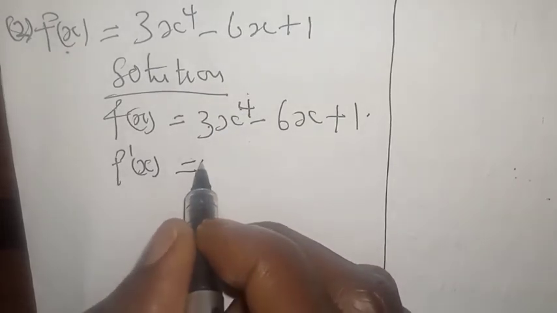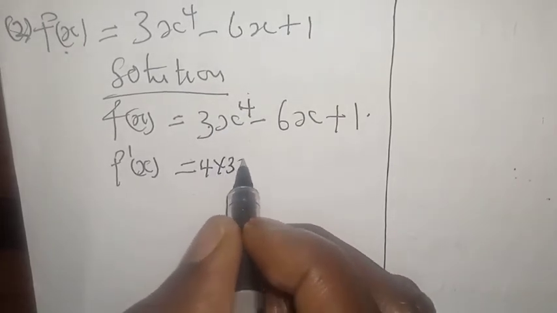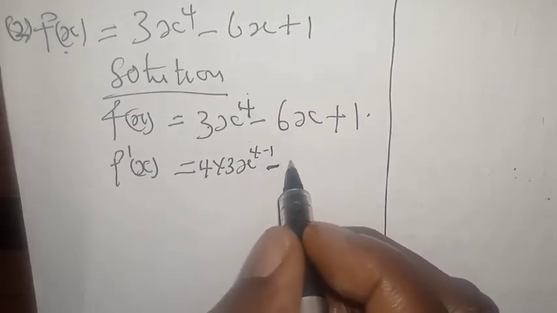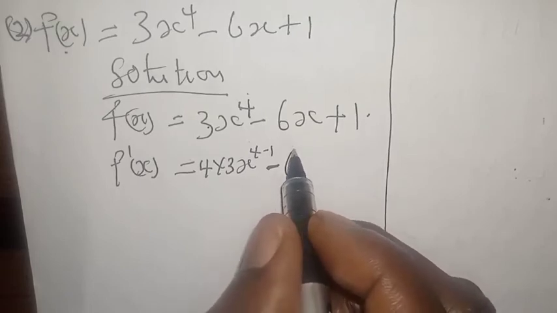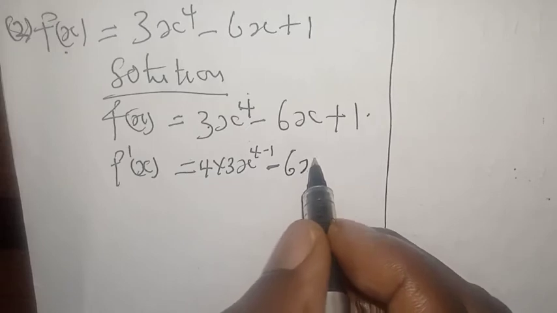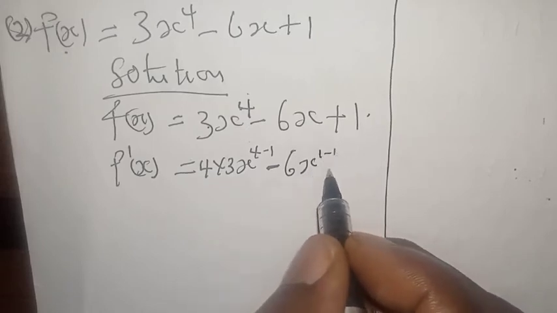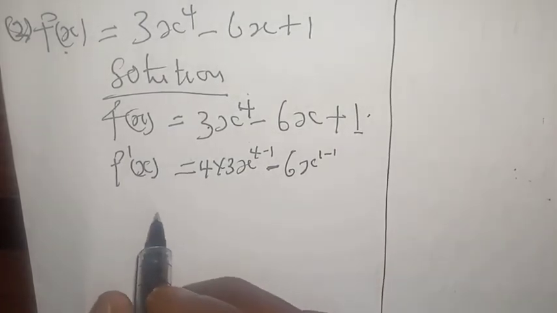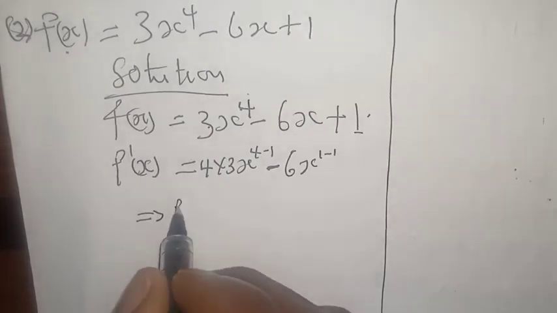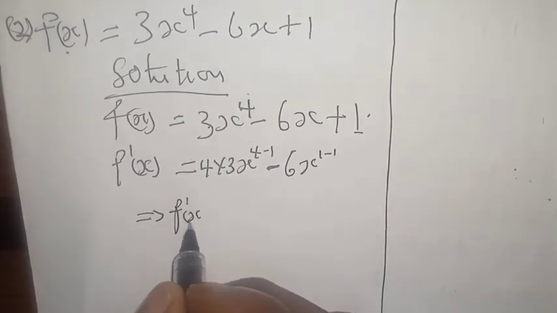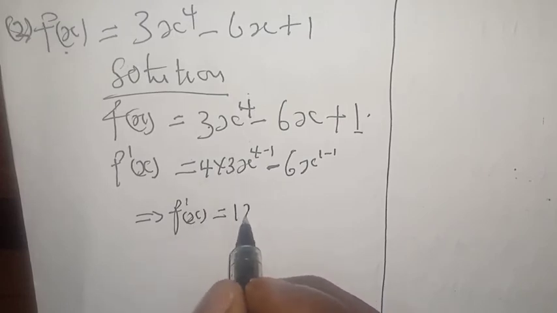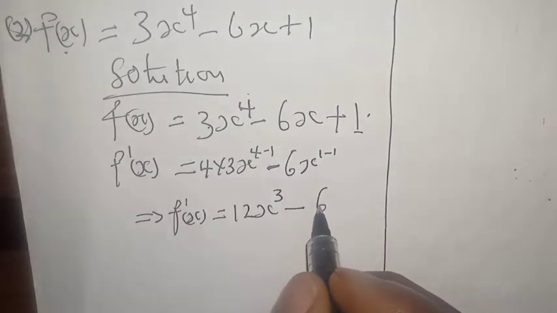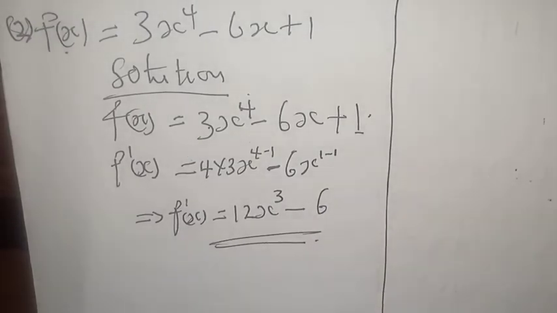This 4 times 3x raised to power 4 minus 1, minus 6x to the power 1 minus 1. If you differentiate the constant, it is 0. This implies that f prime of x is equal to 4 times 3, 12x raised to the power 3 minus 6. Answer.